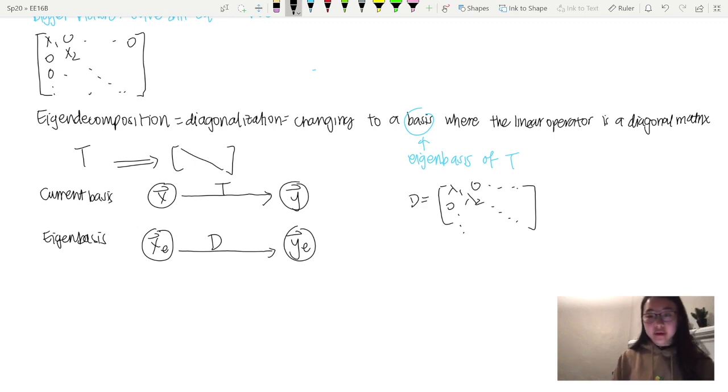Now we need to see how you get from your regular basis into your eigenbasis. Going off of change of basis, you would want to have the matrix that you multiply, which is the basis you're going into or exiting at. So let's define the matrix V as your eigenvectors.